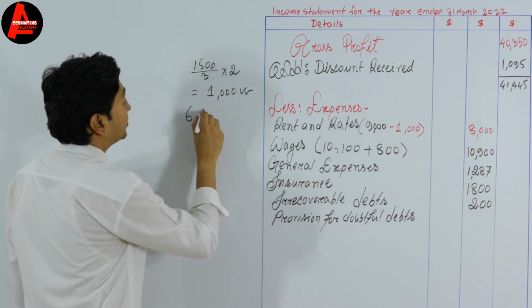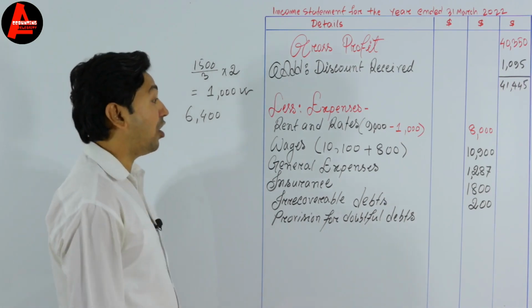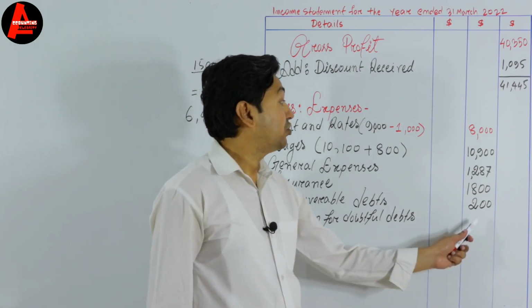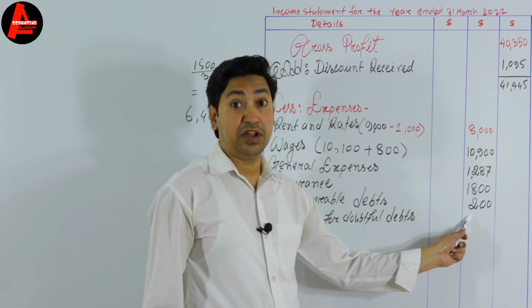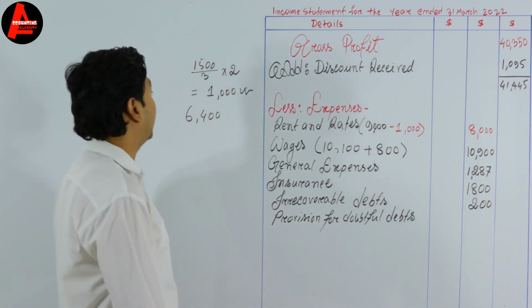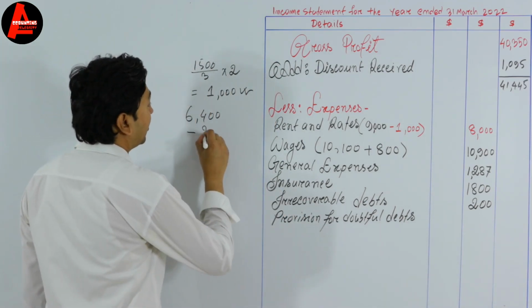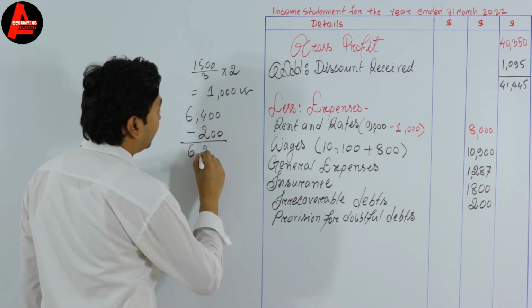So $6,400. From this amount, the business already decided $200 is written off. This amount cannot be recovered, so we have to subtract this amount first of all. If we subtract, we get $6,200.